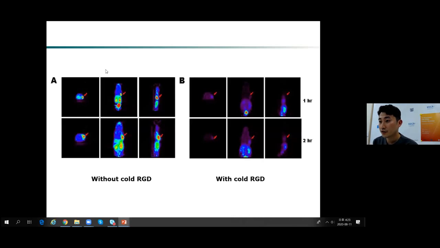The left figure shows the case without blocking, meaning we just injected the labeled compound. You can see the red arrow at the tumor region, which took it up well, but when we co-injected the blocking agent RGD, it was not taken up at the tumor site.